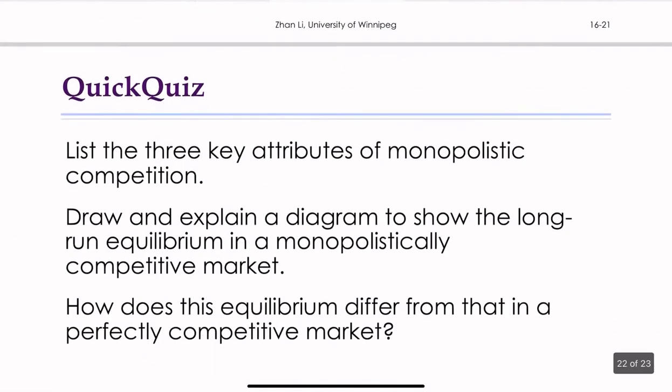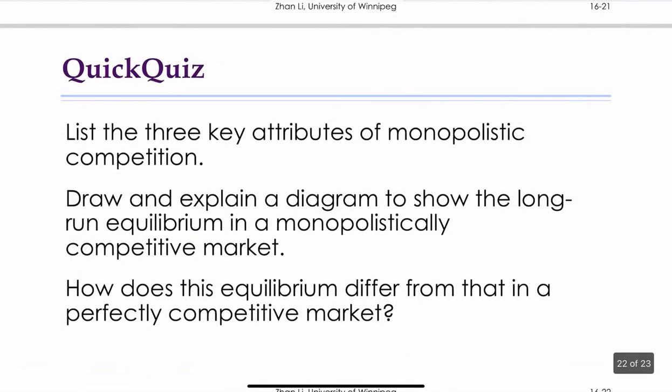Okay, let's look at this quick quiz here. List the three key attributes of monopolistic competition. Essentially these are about the three assumptions, right? So we have many sellers. And then we have product differentiation.